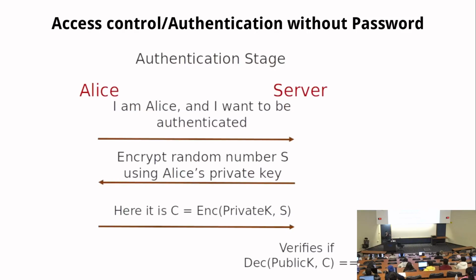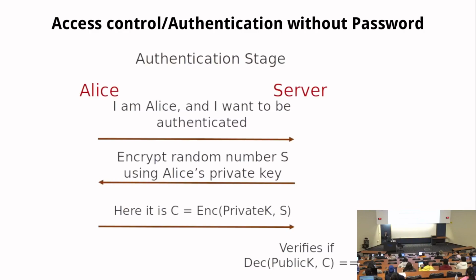It just gives that random number to Alice and asks Alice to encrypt or sign this random number using Alice's private key. That's it. Only Alice will be able to sign this, right? Because only Alice has the private key. It is also Alice's job to keep her private key safe.